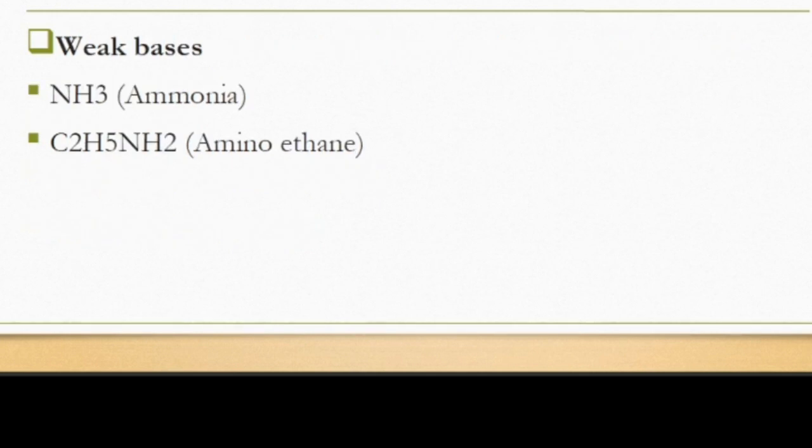Weak bases such as ammonia and aminoethane. Ammonia is a weak base and the basicity in the amine bases increases when the alkyl groups increase on the nitrogen atom of ammonia.